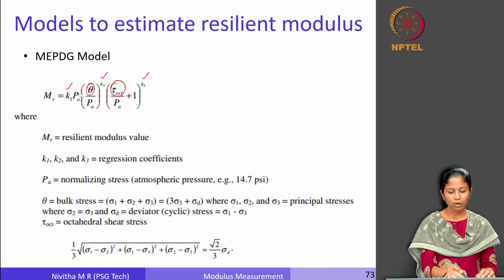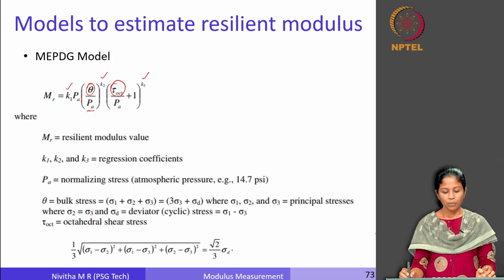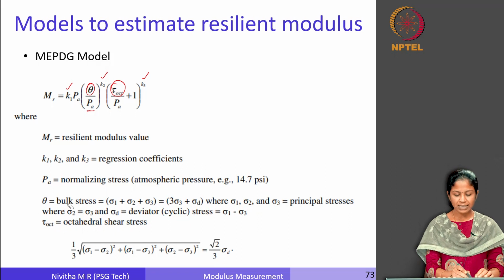This PA is used only as a normalizing stress parameter, we can just ignore it, you can see it is multiplied on both sides, right. This is the MEPDG model, and here you can see the definition for the bulk stress and the definition for the octahedral shear stress, right.